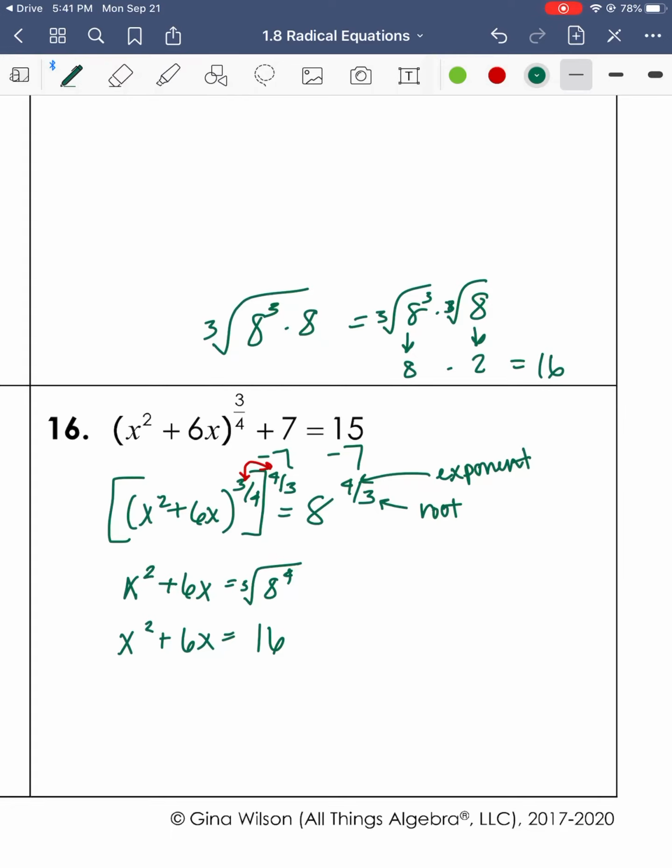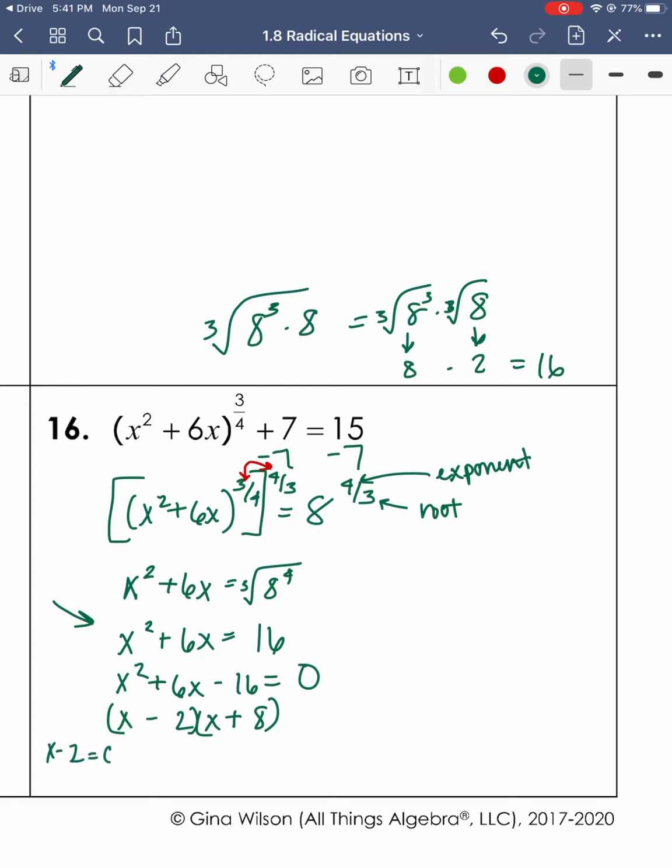And then we have to solve this equation, but we're left with a quadratic here. We just practiced solving quadratics. We're going to try to factor this, so let's get all the terms on one side, set it equal to 0, so it's going to be negative 16 there. And then I think we can factor this with 2 and 8, it looks like. x, x and 8, positive 8, negative 2.